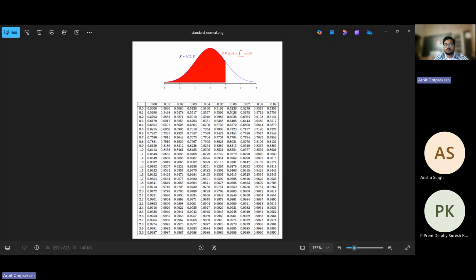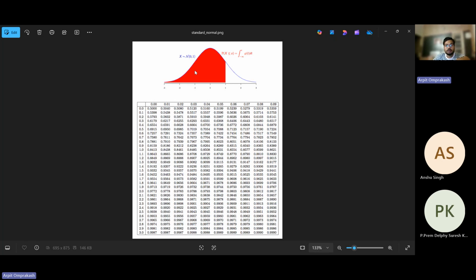Right. Similarly, if you were to find a point at a 99% confidence interval, what that means is that 1% is left out. So the middle portion of the graph should have 99% of the data points. The extreme left will have 0.5% of the data points, and the extreme right will have 0.5% of the data points, right?